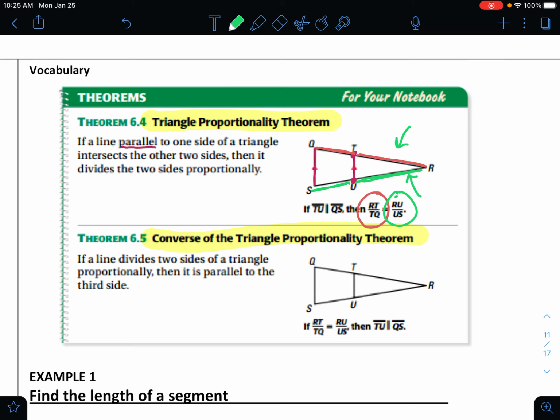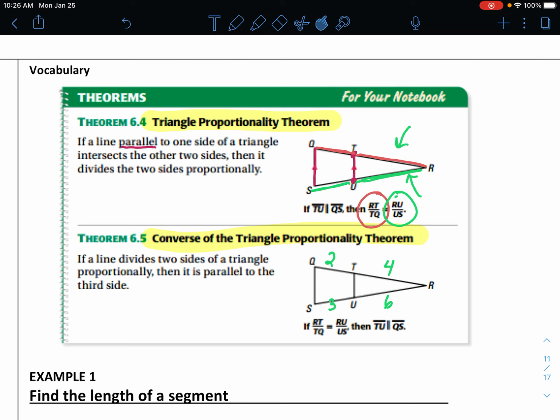The converse is just the opposite. Remember, the opposite of this would be that we don't know they're parallel. It says that if a line divides two sides of a triangle proportionally, then it is parallel to the third side. So let's say we just did 4, 2, and we made this 6 and 3.